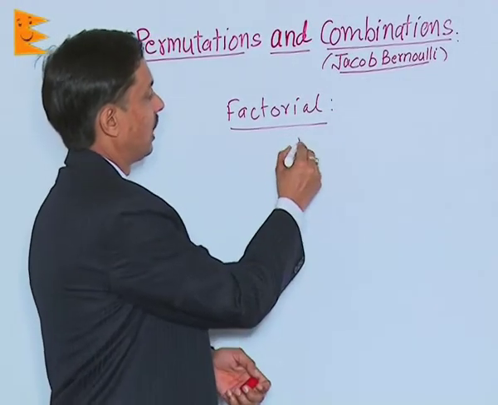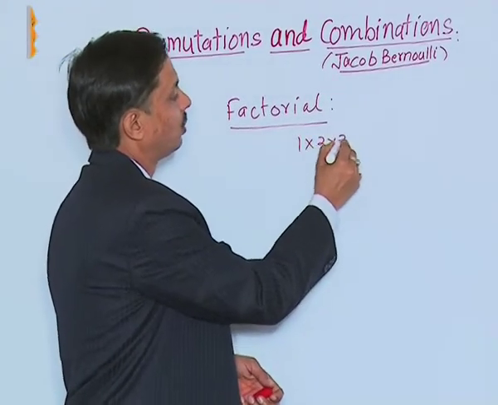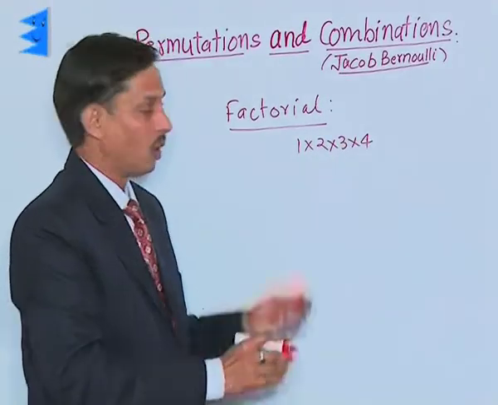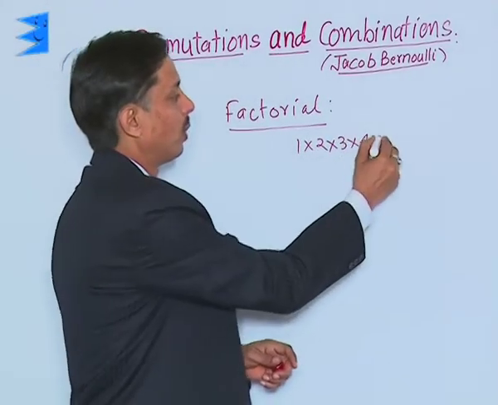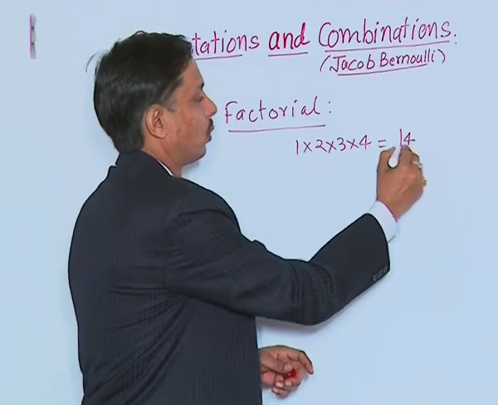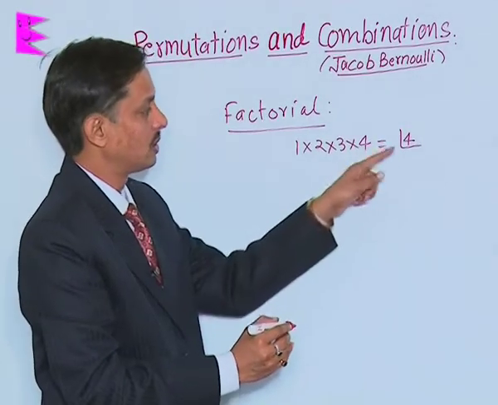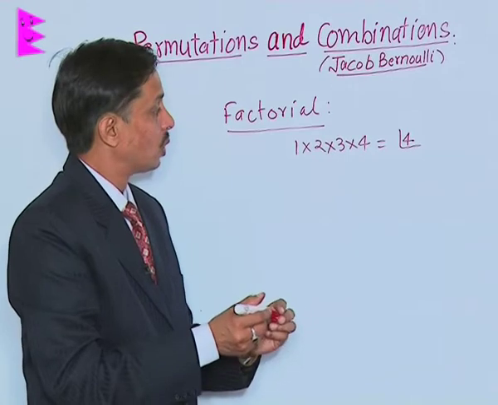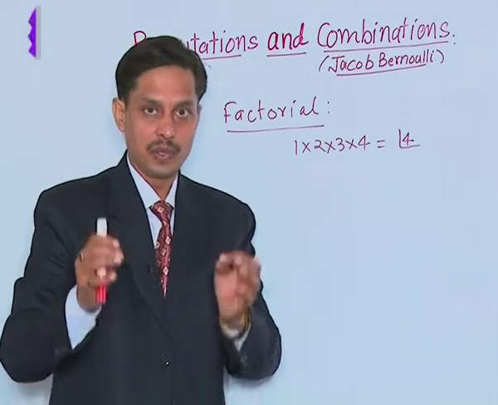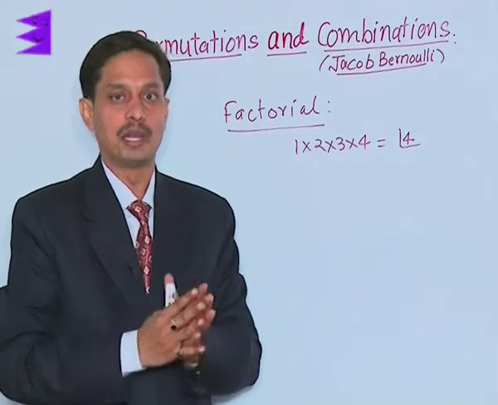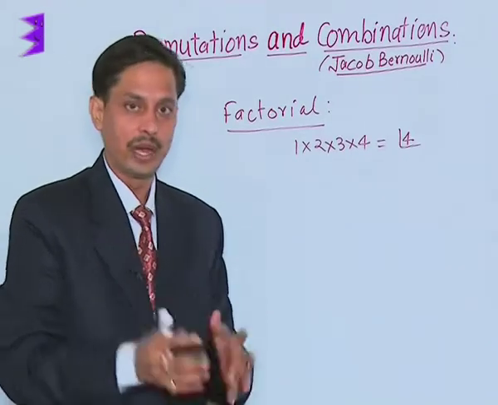Suppose I say 1 into 2 into 3 into 4, it is given by factorial 4. One of the symbols is factorial 4. So the product of the first n natural numbers is given by the factorial.